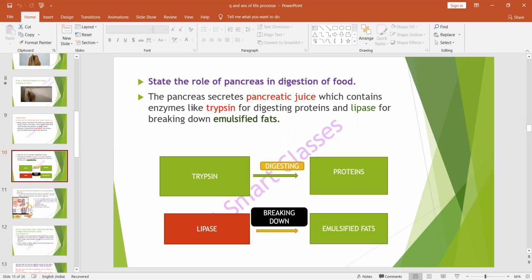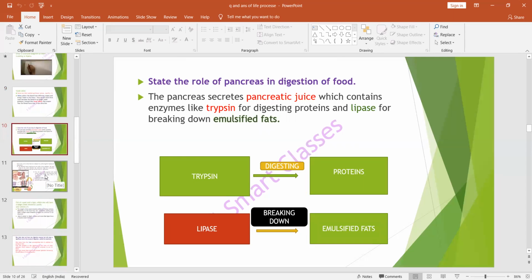Pancreatic juice contains enzymes like trypsin for digesting proteins and lipase for breaking down the emulsified fats. You can also learn visually that trypsin is used for digesting the proteins and lipase for breaking down the emulsified fats. So this is a very short 1 mark question which you can write.